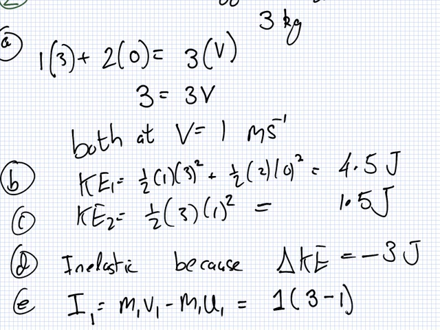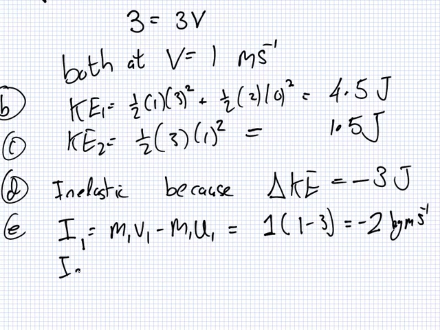No, 1 minus 3. Oh, no. V is 1, U is 3 for the first one. So this is minus 2 kilogram meters per second. Okay, what's the impulse of the second trolley?